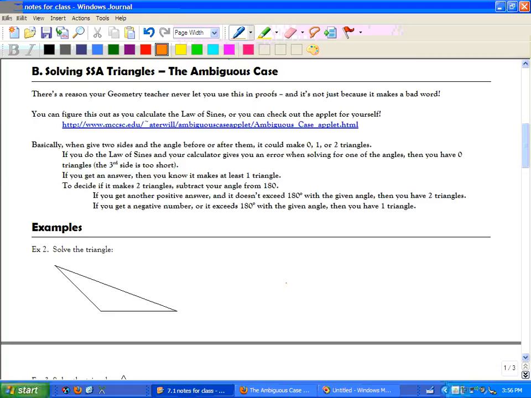So let's look at a couple examples here. On this first one, we have triangle ABC again, and we're given that c is 200, a is 125, and angle A is 110 degrees. So if we set this up, we'd have 125 over the sine of 110, and that should equal little b over the sine of b, which should equal little c, which is 200, over the sine of c.